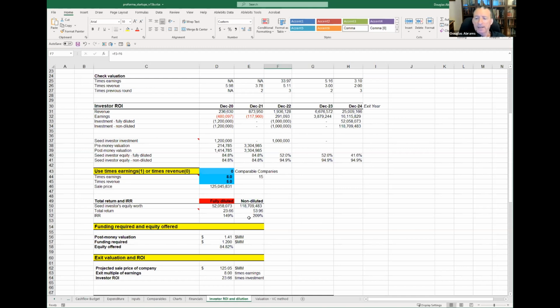Because normally, and what we've been talking about over and over so far, investors want to maximize ROI. And this is generally correct. But investors don't want to maximize ROI just to maximize ROI.